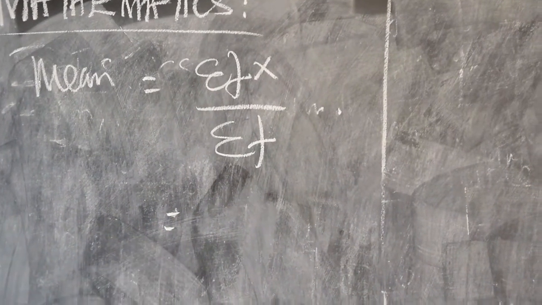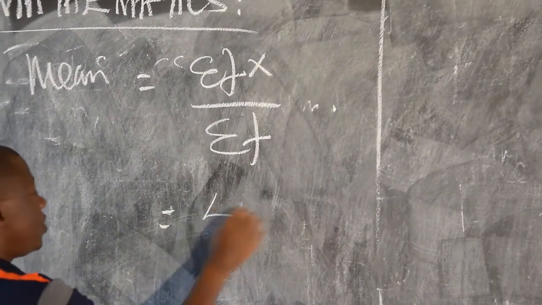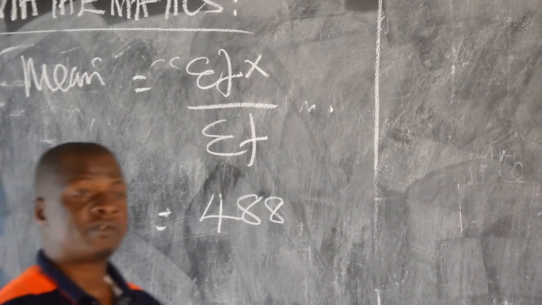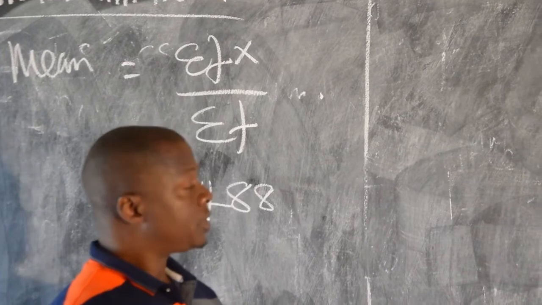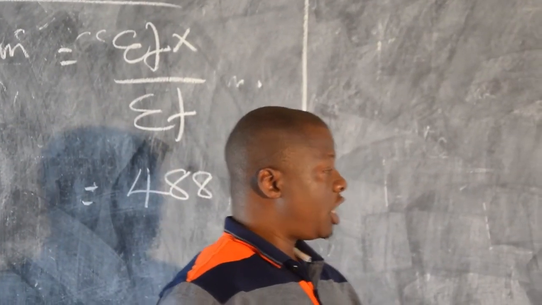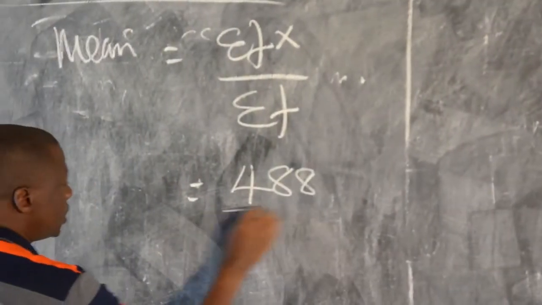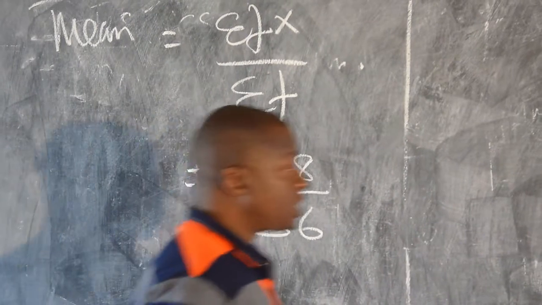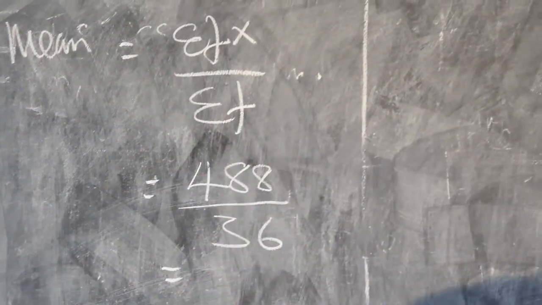Our summation fx is 488, divided by summation f, which is 36. We shall get our calculator to compute.